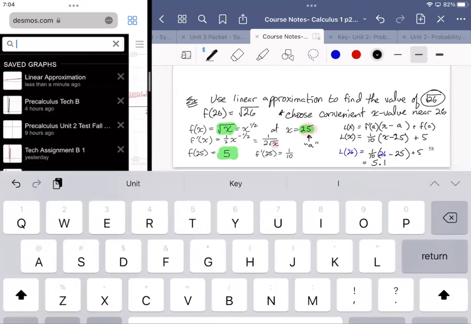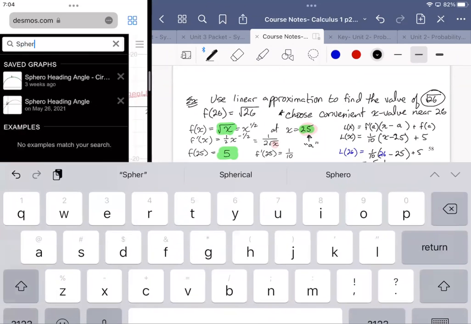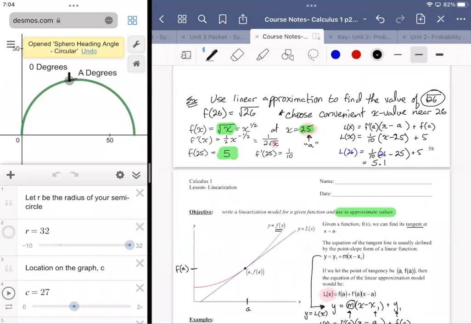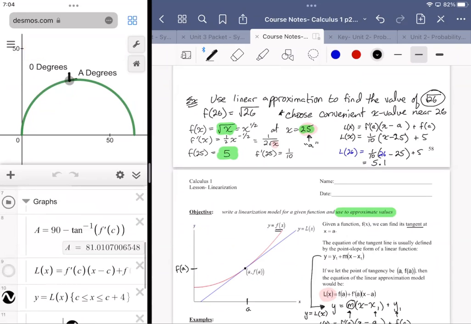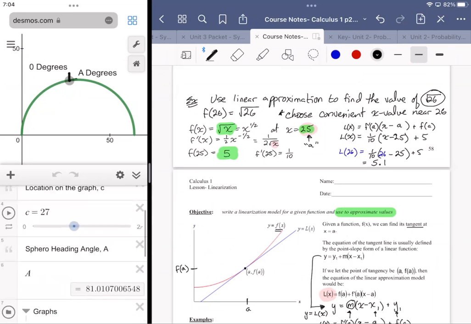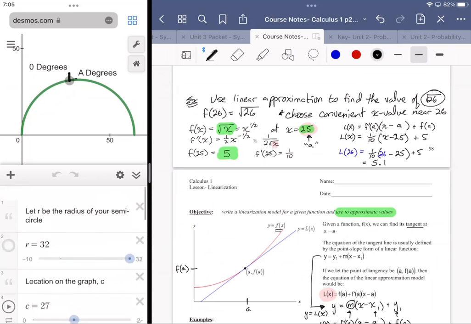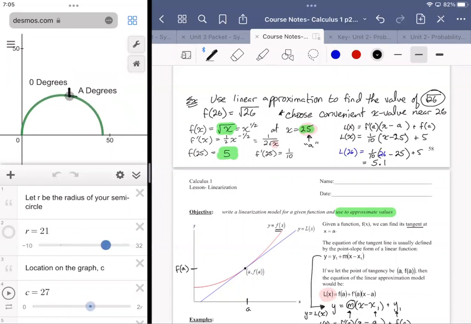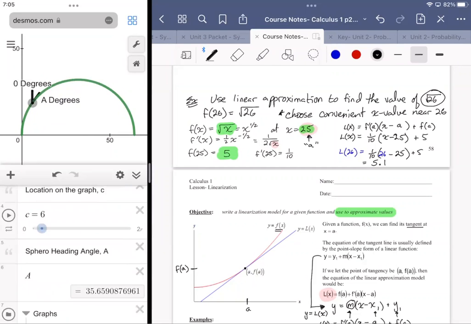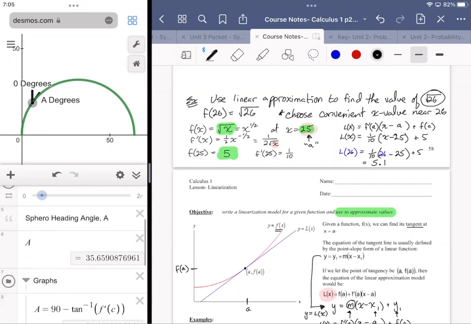I could actually show you the Sphero heading angle. I did a circular one. But you see here, in order to create the heading angle, I had to give them this information. I wanted them to do a circular movement based off of differing radii, and have Desmos report out the angle.